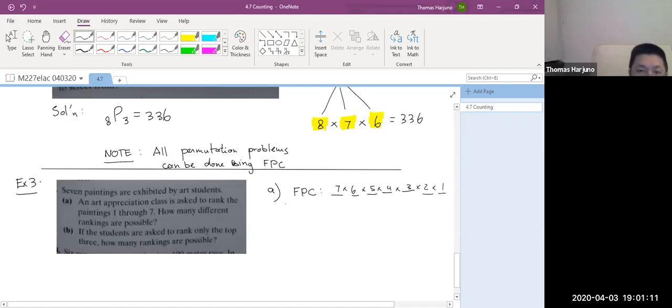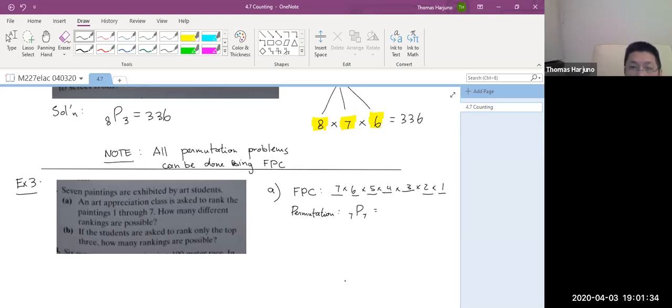Now, if we use permutation, then we will use 7 permute 7. 7 permute 7 is equal to 5040.